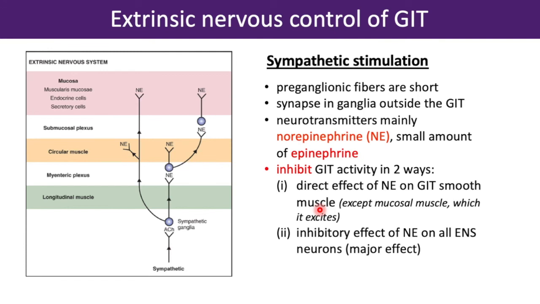Sympathetic stimulation may also inhibit GIT activity by the inhibitory effect of norepinephrine on all ENS neurons. This is actually the major effect of sympathetic stimulation. So either the norepinephrine inhibits the GIT muscle directly, or it inhibits the ENS neurons, where the inhibition of the ENS neurons will cause inhibition of the GIT activity.